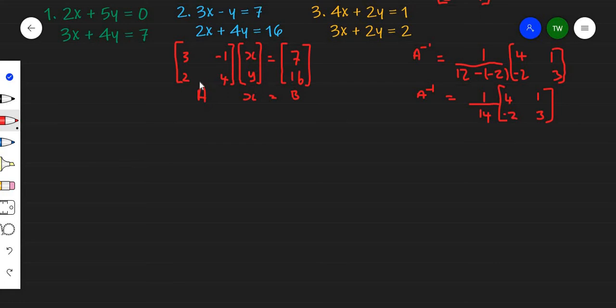So when we multiply this side by A inverse, all we end up with is just 1, 0, 0, 1, times xy, which is equal to the inverse times b, so it's going to be 1 over 14 times the adjoint, which is 4, 1, negative 2, 3, times matrix B, which is just 7, 16.